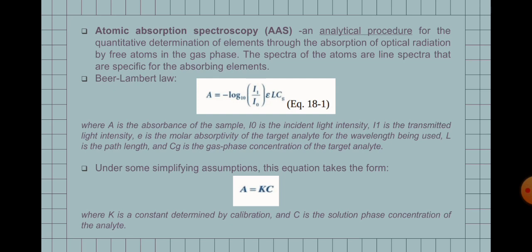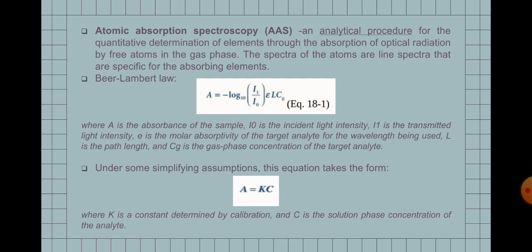This absorption is governed by the Beer-Lambert law, where A is the absorbance of the sample, I sub 0 is the incident light intensity, and I sub 1 is the transmitted light intensity, and E is the molar absorptivity of the target analyte for the wavelength being used, and L is the path length, and C sub G is the gas phase concentration of the target analyte.